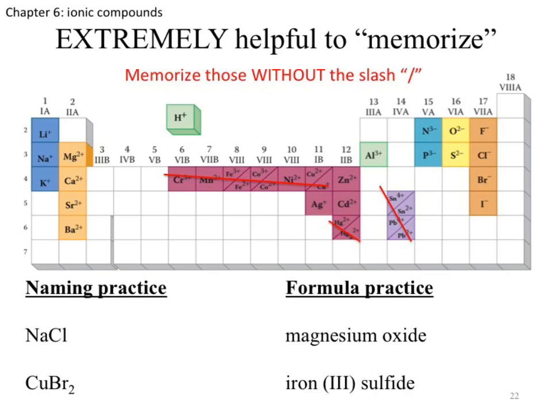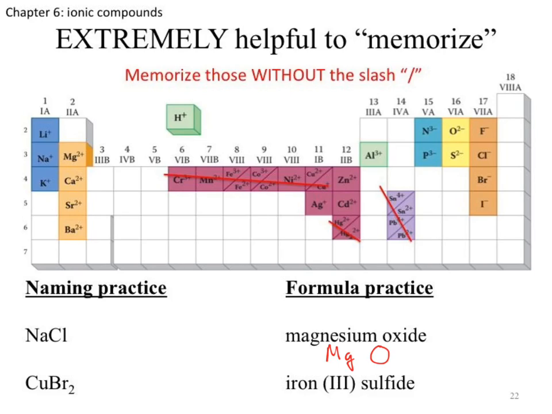Okay. What if we went the other way? Well, symbol for magnesium, Mg. Symbol for oxide? Symbol for oxide is O. Bringing in the 2 specifies the amount of oxygen I would need to balance out the magnesium. Well, what is the charge on magnesium?